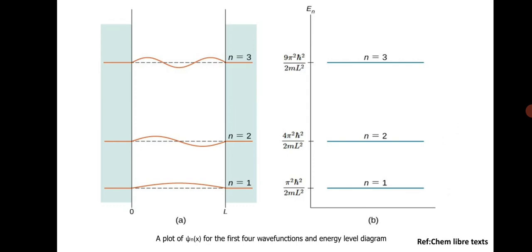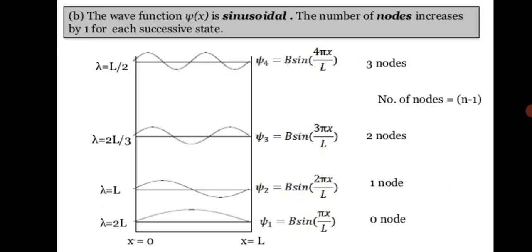And the first image, that is image A, corresponds to the wave function of the particle in a one dimensional box, for the values of n equal to 1, 2, 3, and so on.